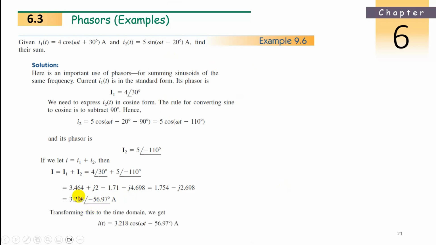Now transform this into the time domain again. This 3.218 as it is is Im. Then cos omega t minus 56.97. So this is how we add phasors, from the cosine time domain to the phasor and back.